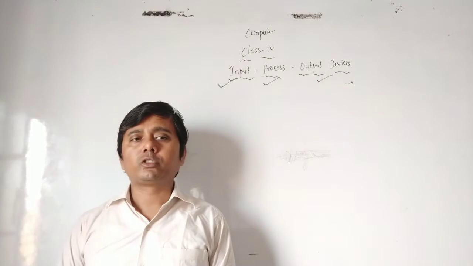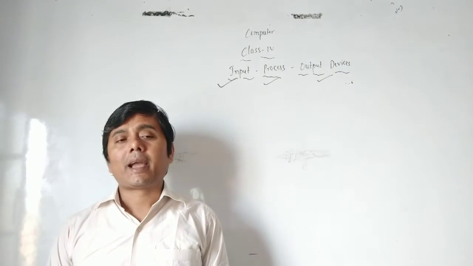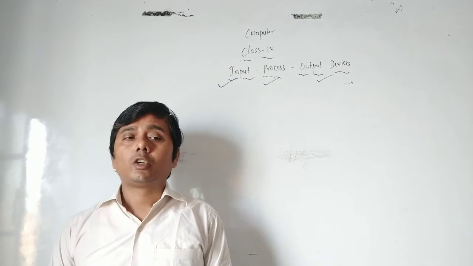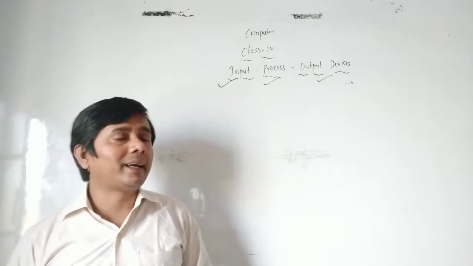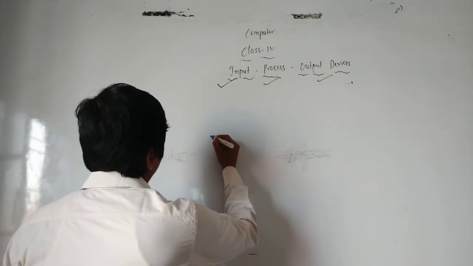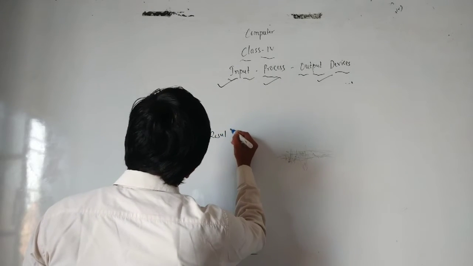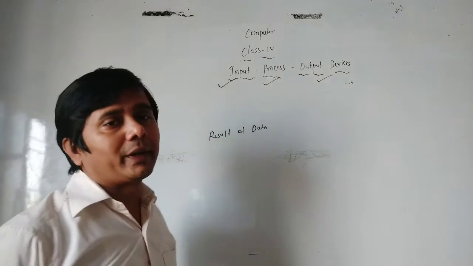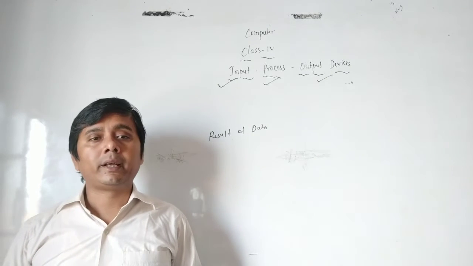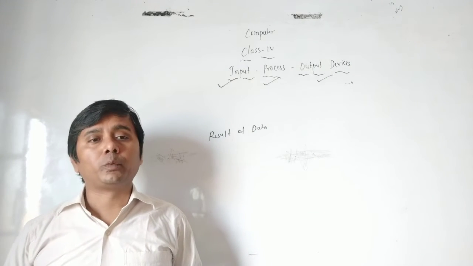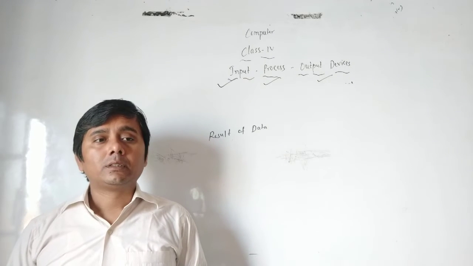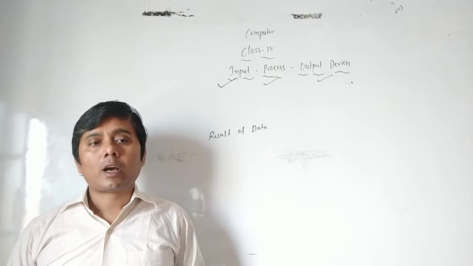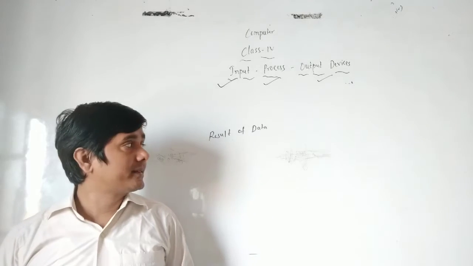Now we will read about output devices. What is an output device? An output device is that component of computer hardware that communicates the result of data that is processed by the computer and converts the digital information into a form easily read and understood by humans.